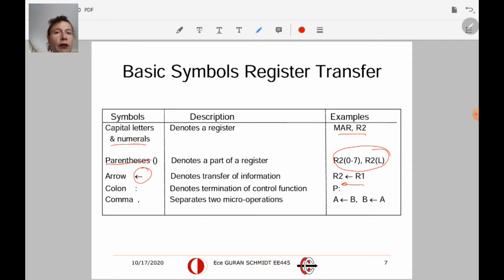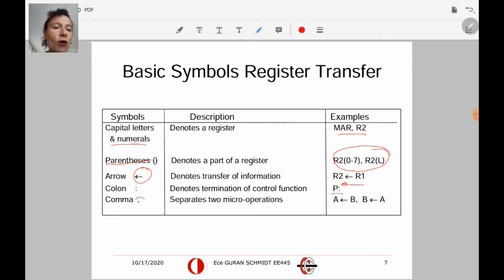Here we will learn conditional operations. We will designate the control function P with a colon. So if the control function is returning a 1, then we will do something on some certain register.